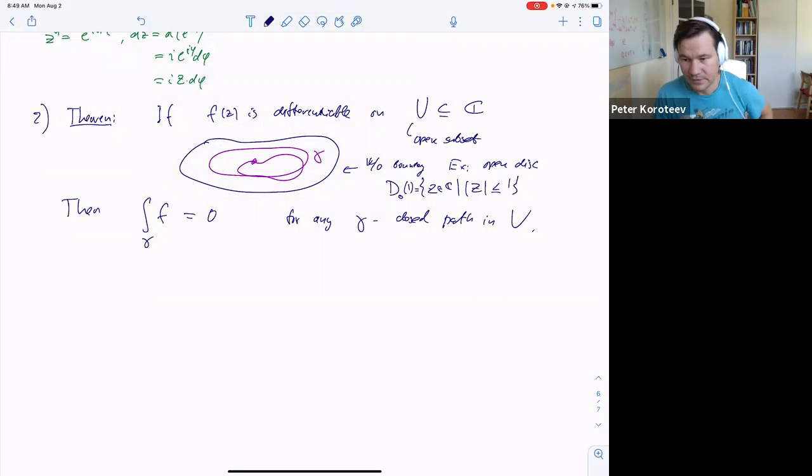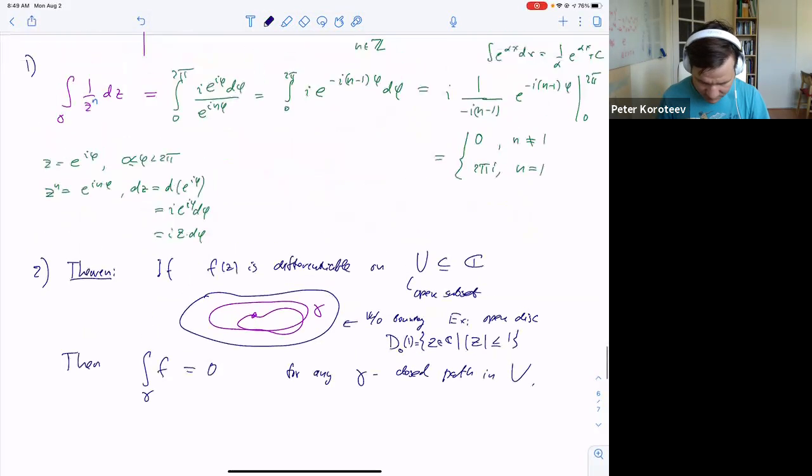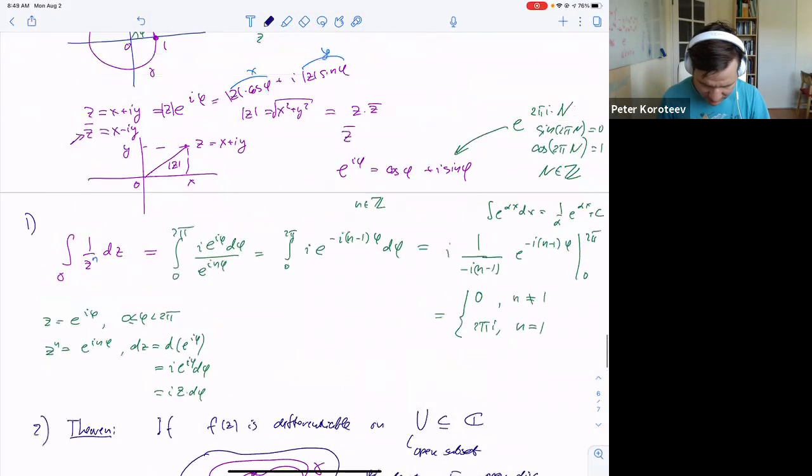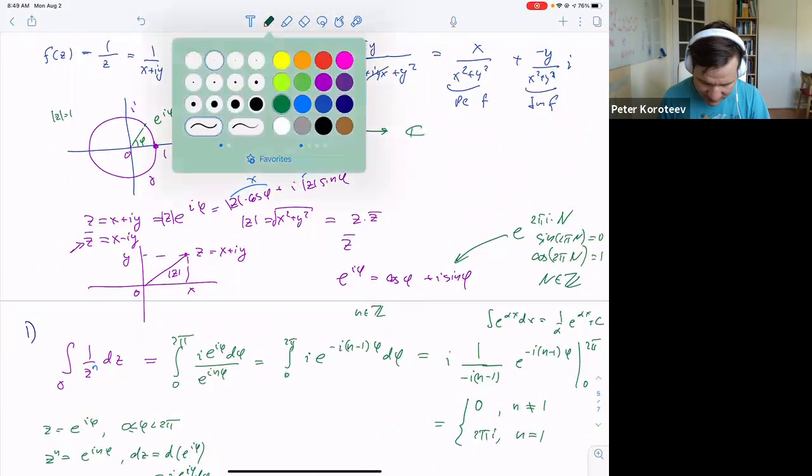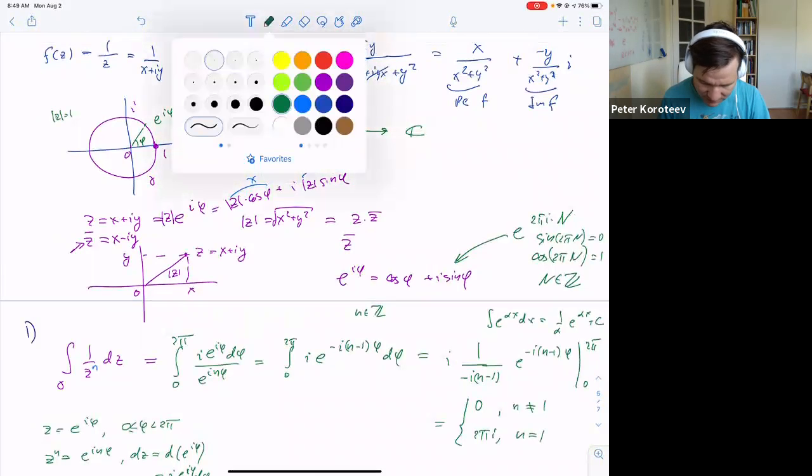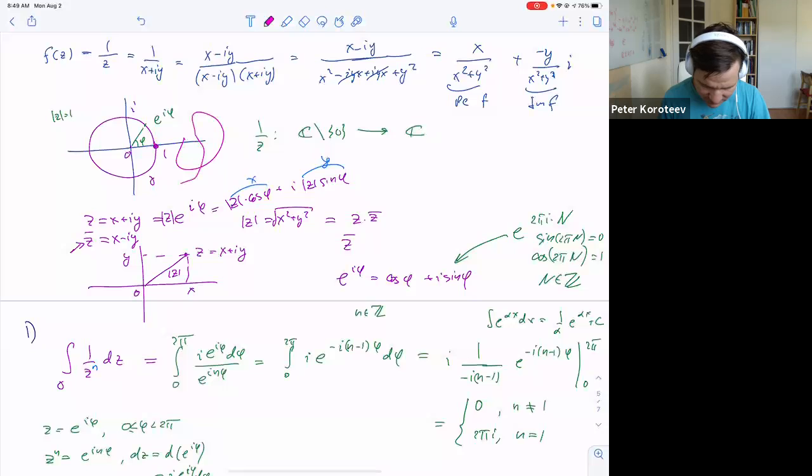Yeah. So if there are no singularities, then every closed path you can contract to 0, right? Essentially, yeah. So if in the previous example you had integrated over any closed path, it doesn't have to be any regular shape. It can be something like this.